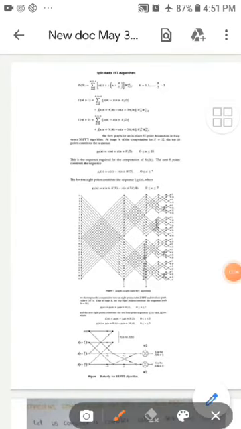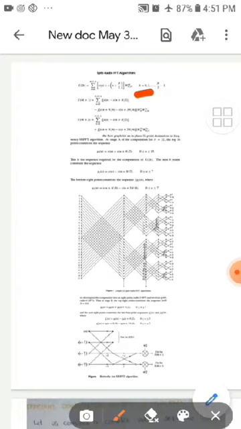See here, X of 2k is having x of n plus x of n plus N by 2 into W N by 2 to the power of nk.